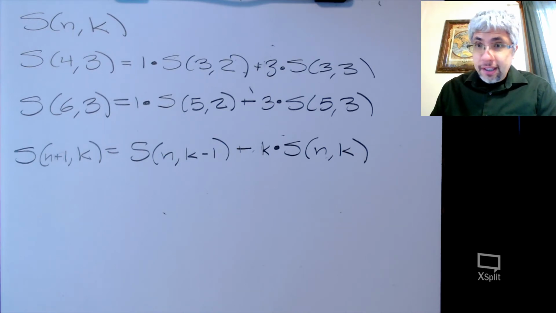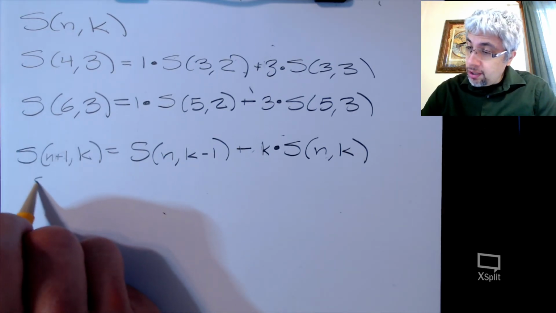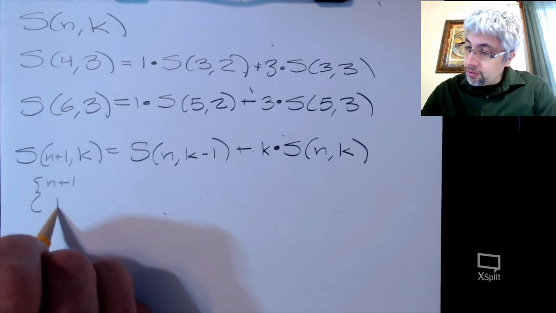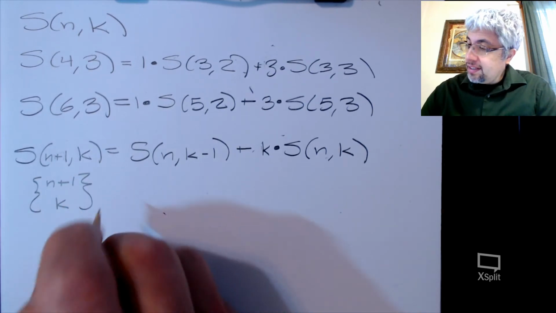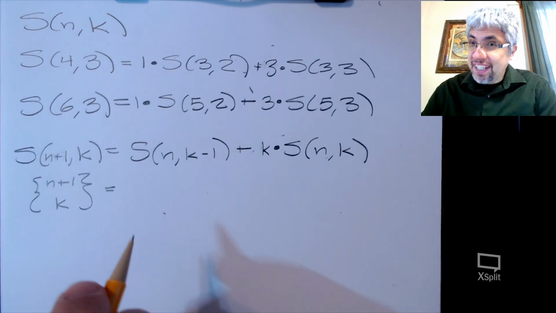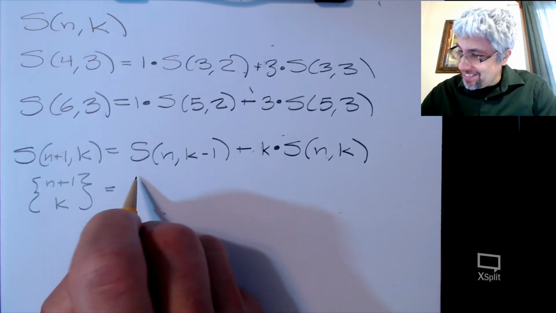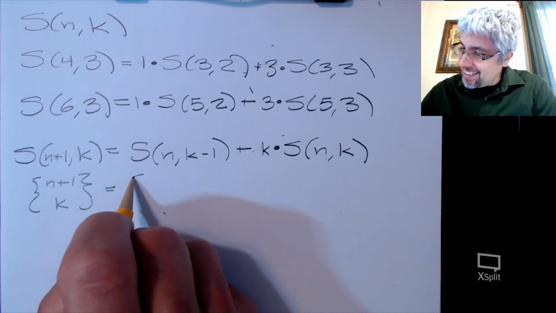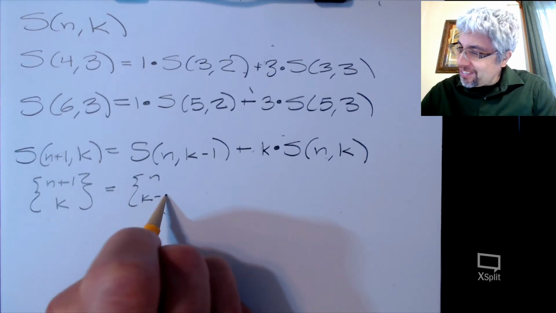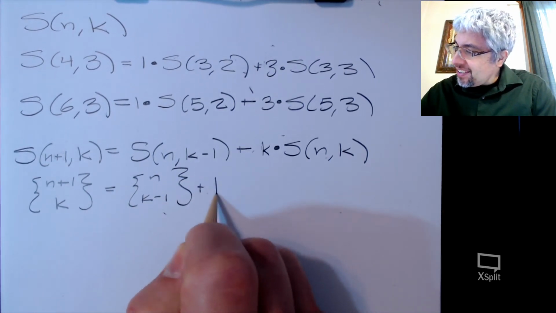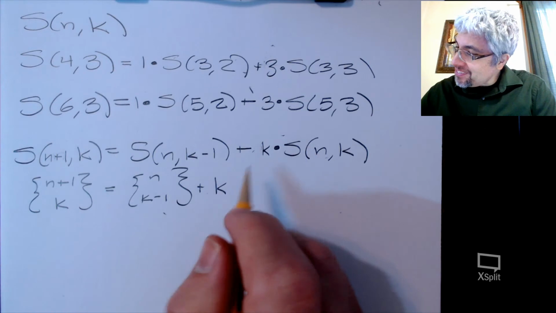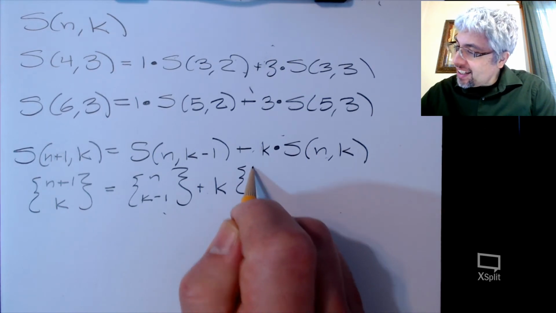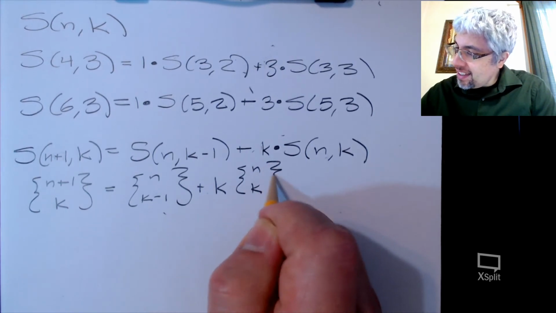And of course, I said we have another notation for this as well, which we can say n plus 1 Stirling k. It's not proper notation, but it sounds like n choose k. It's good enough for us secretly. So n Stirling k minus 1 plus k times n Stirling k.